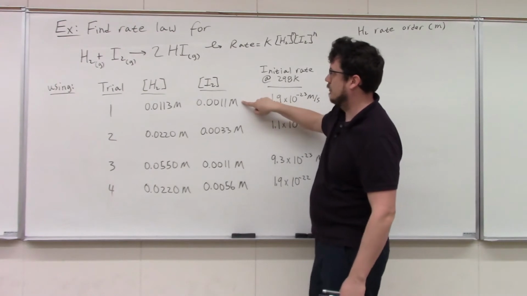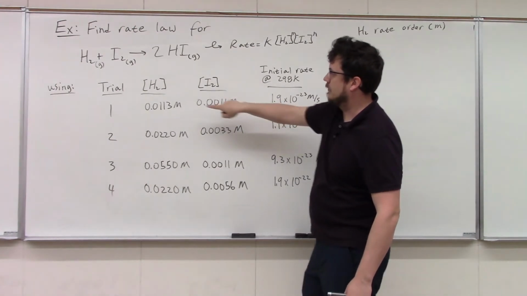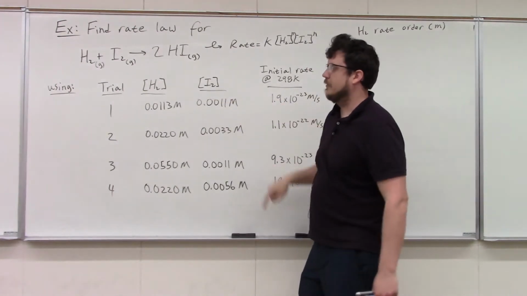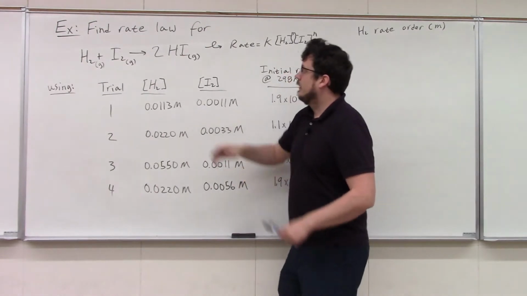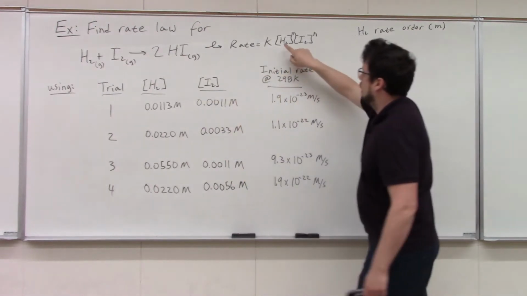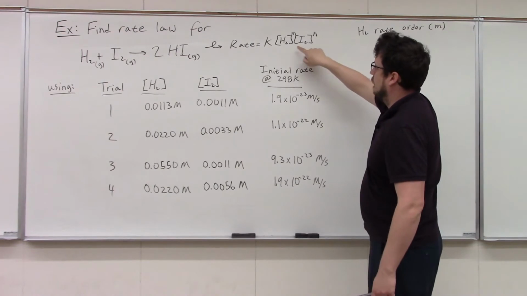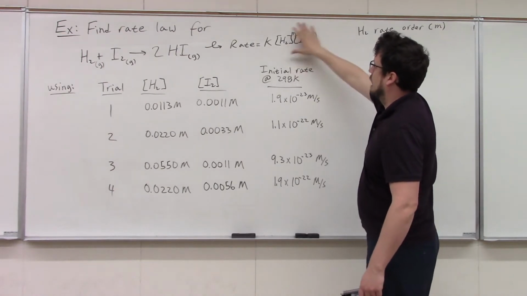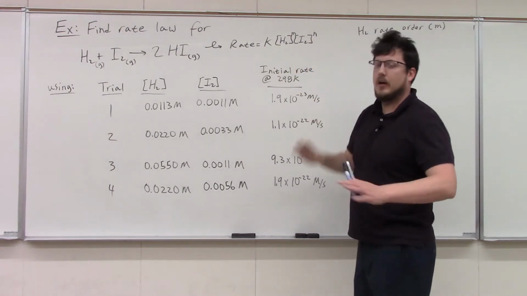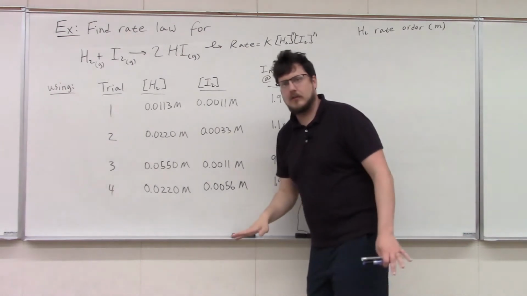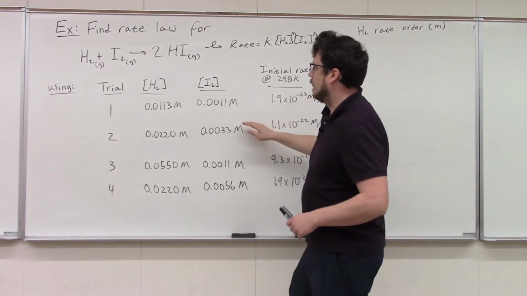So I don't want to pair trial 1 with trial 2, because I'm changing H2 and I2, which means I'm changing both parts of this equation when I only want it to fluctuate right here and have everything else around it be constant. So I don't want to pair 1 with 2.